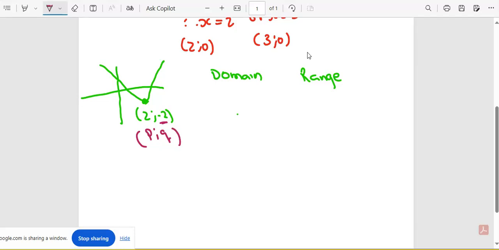To find the range, we said y must be greater or equal to that y coordinate, which is -2. My only problem is that I don't know how to call the greater than, less than. Can you write it down? Okay, so when it's like this, y is greater than or equal to minus 2.